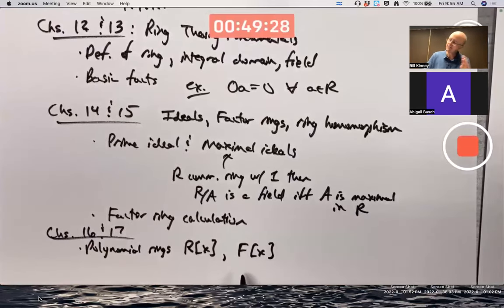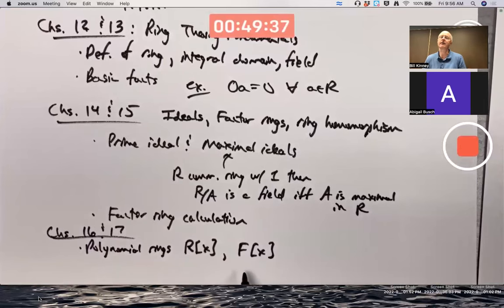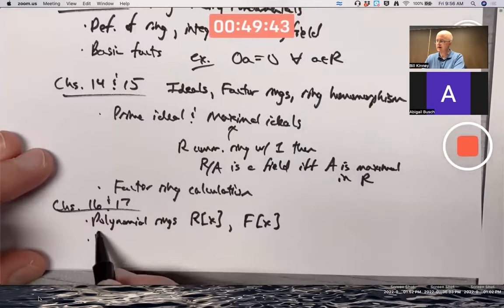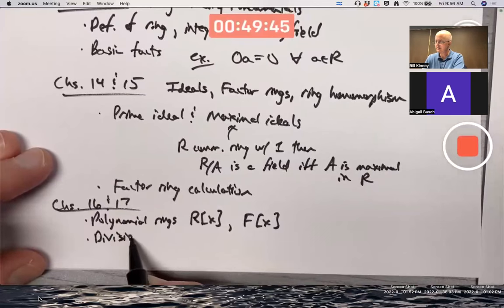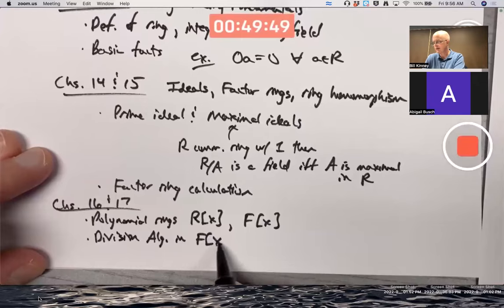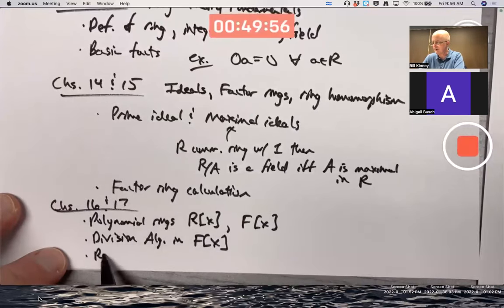Remember, I really emphasized a lot that even when F is a field, this thing is not a field. Its only units, in fact, are the non-zero constant polynomials. There's a division algorithm in F[x]. And there are things like the remainder theorem and factor theorem.